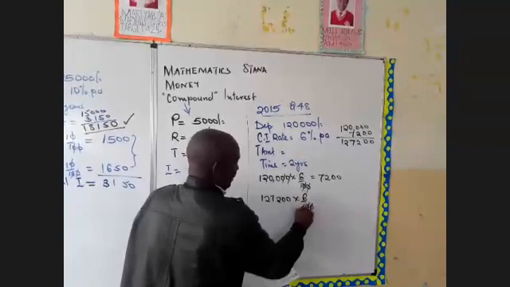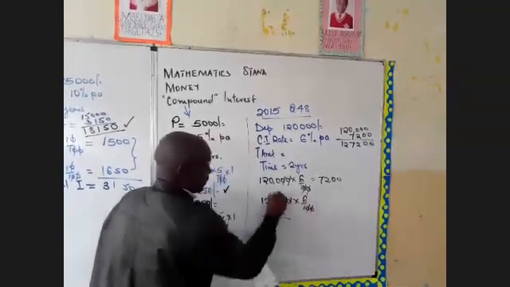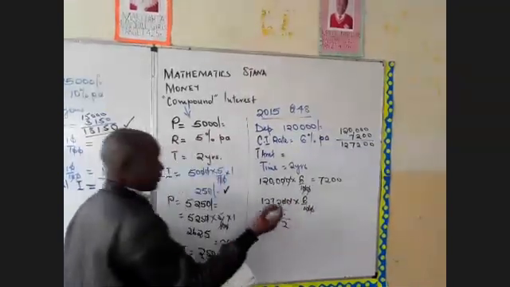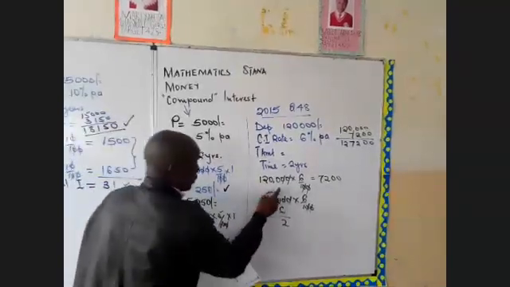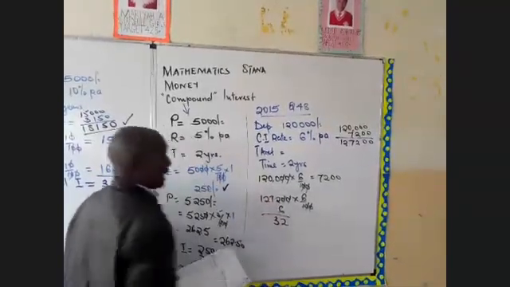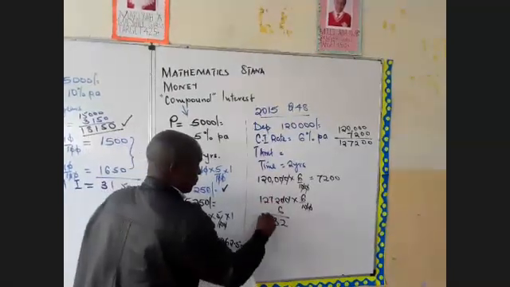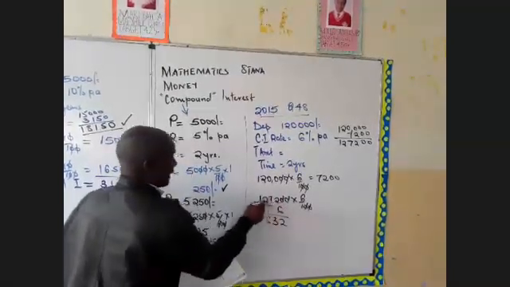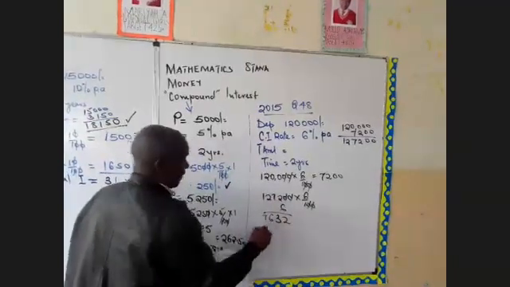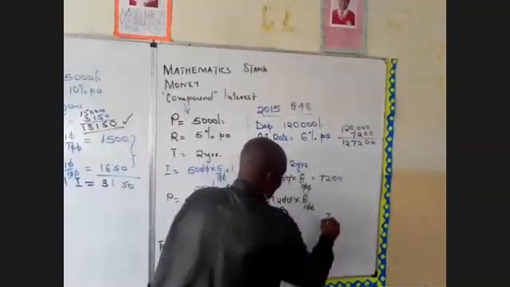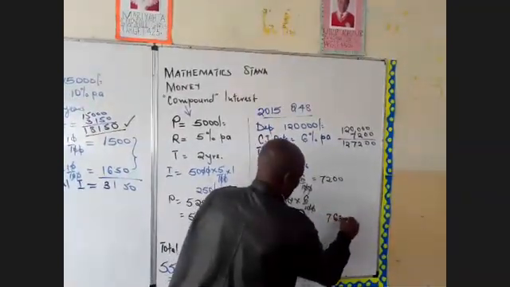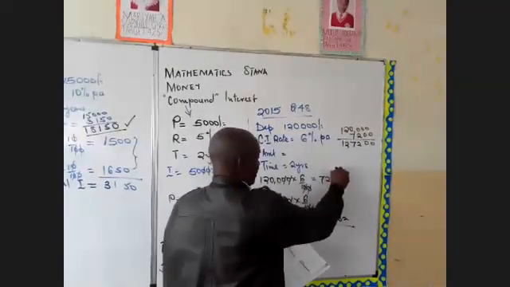So 6 goes, 12. The speed has to be on your fingertips. 42 is 43. I'm carrying 4. 12 plus the 4 is 16. I'm carrying 1. 6 is 7. So 7,632. Total interest in the 2 years.